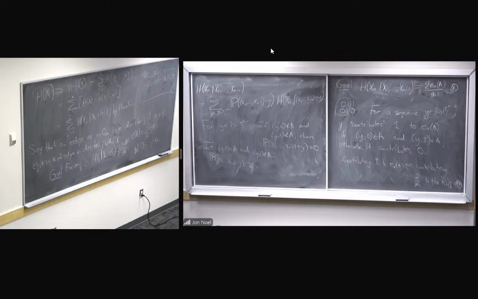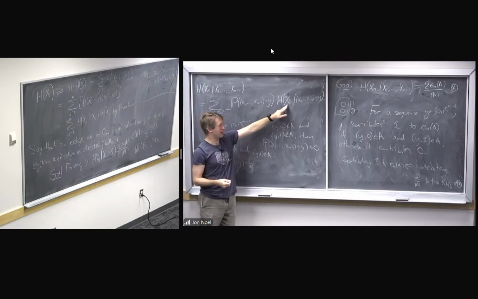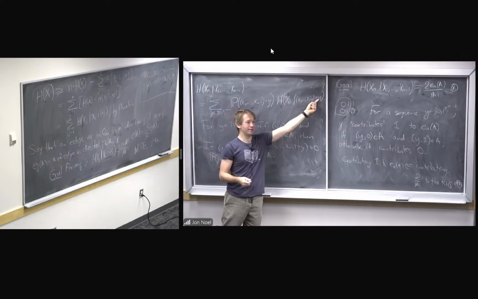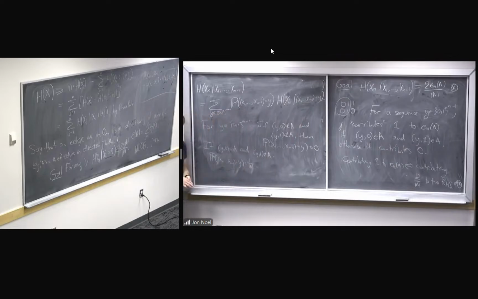I know this whole entropy thing is still new to you guys, but if you think about it in terms of information revealed, why would the entropy of xn, given that we know that the first n minus 1 coordinates give you y, have 0 entropy? Yeah, exactly.